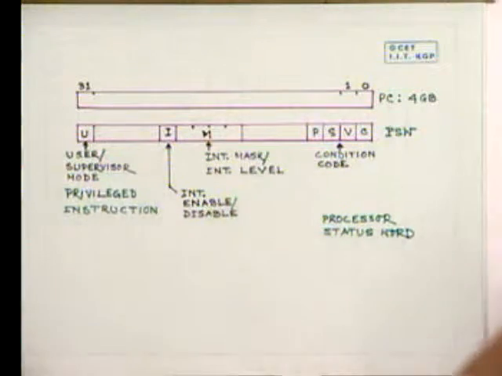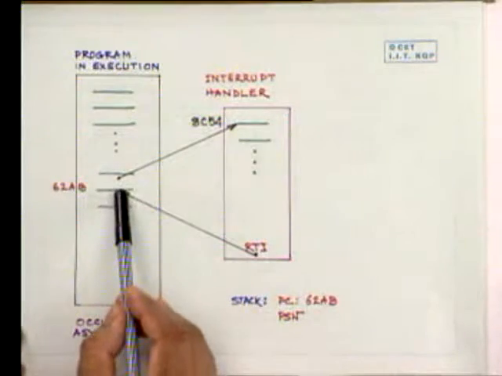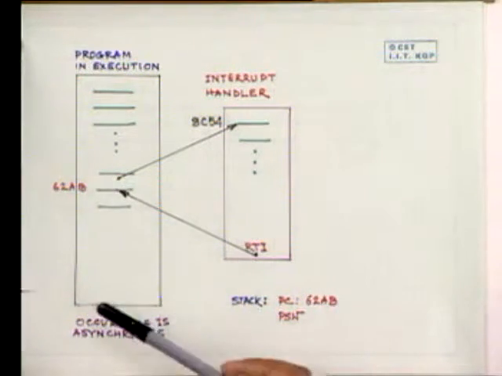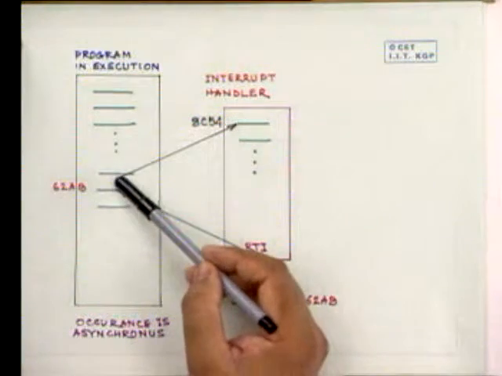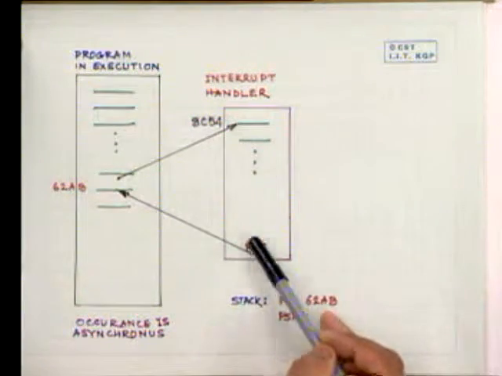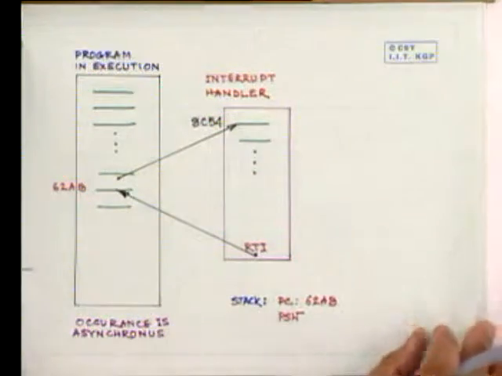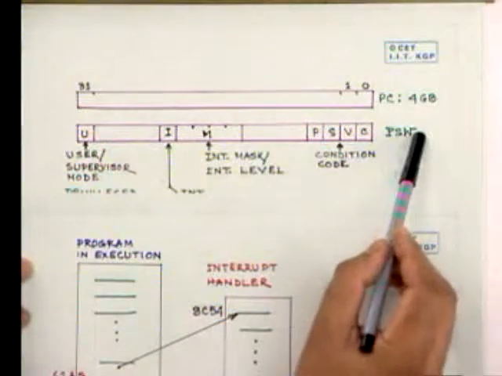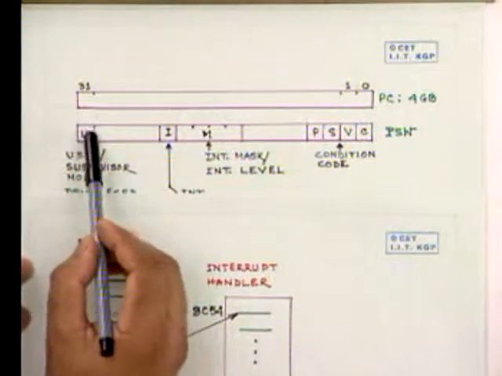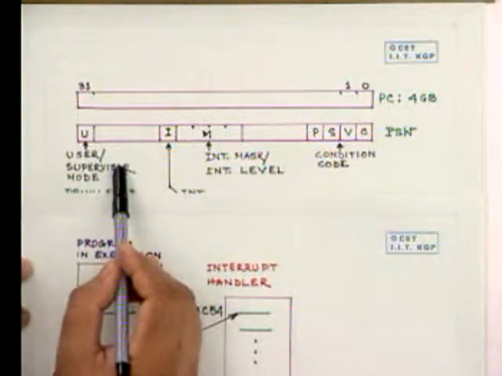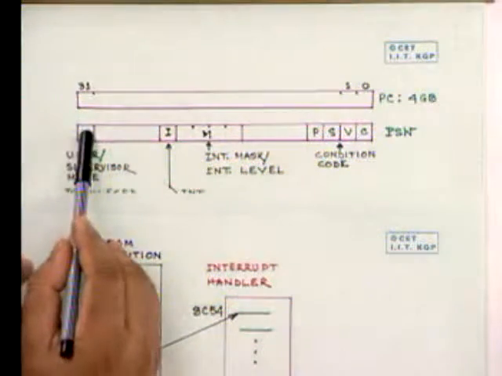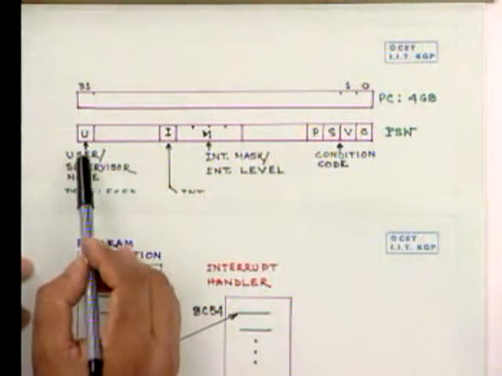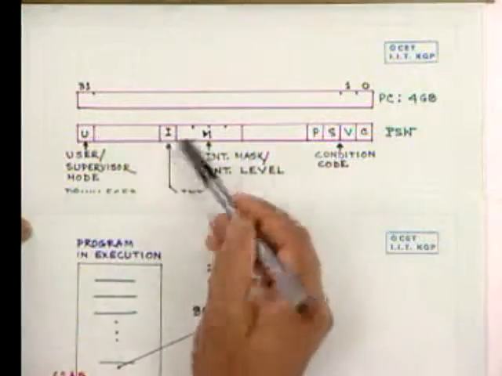Now, as I told you, on getting an interrupt, the CPU changes into the interrupt handler with a new processor status word loaded. If, when this processor status word is loaded, the user supervisor mode bit is 0, say, indicating supervisor mode, then the system is making a state change.